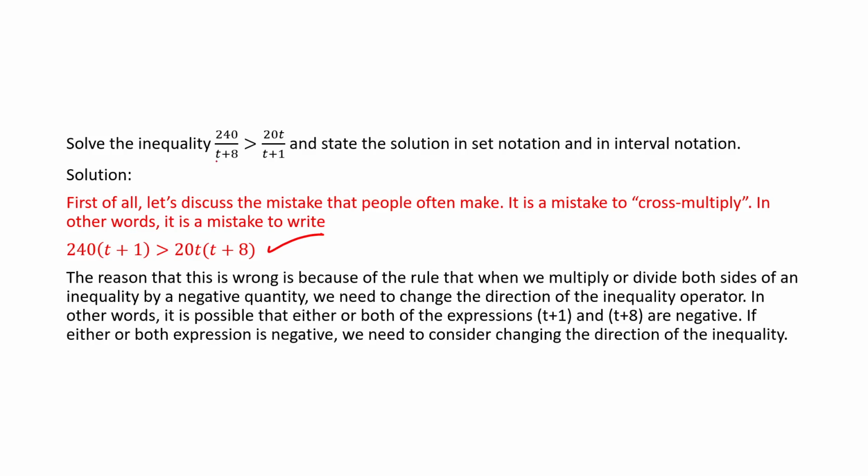Multiplying both sides by both of them does funny things with the inequality, because we know multiplying both sides of an inequality by a negative quantity changes the direction. So we can't do that. This right here is wrong.